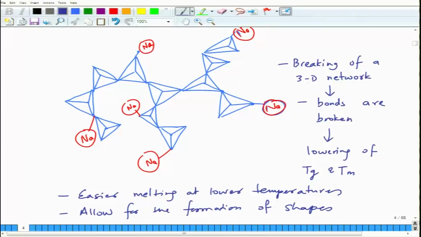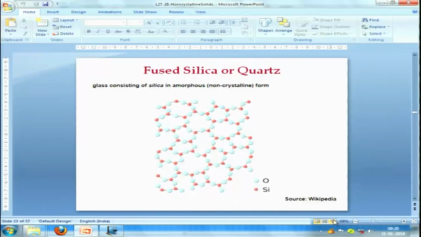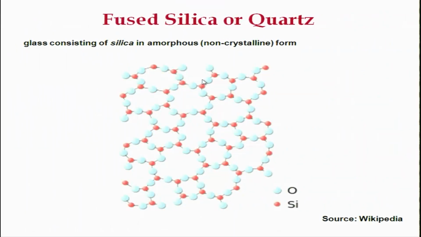Now the next thing, the silica can also make a random network where the hexagonal network will be maintained, but it will not be ordered. It will not be hexagonally ordered. So you can have a situation like this, in which you have a fused silica or quartz structure, in which there are no impurities.